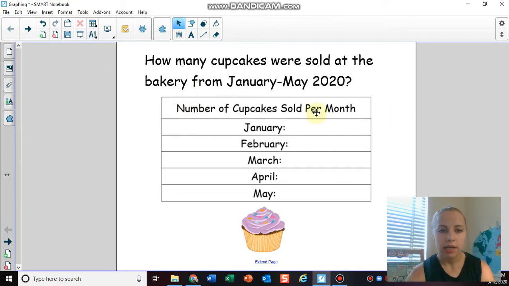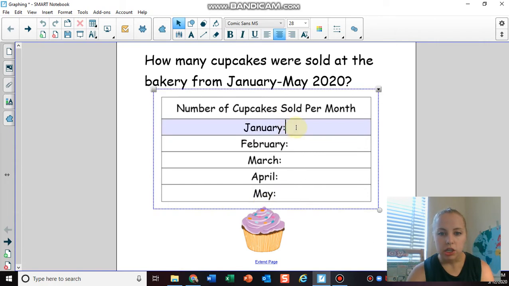All right, so here's our data chart. It says number of cupcakes sold per month, and I have the months written out: January, February, March, April, and May. So let's say in January they sold 250 cupcakes.